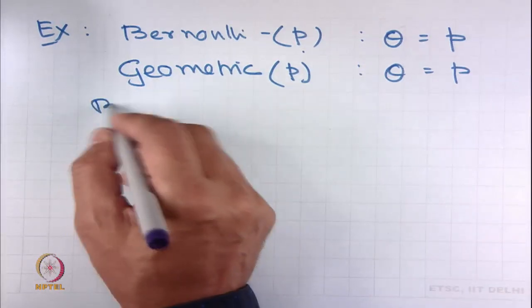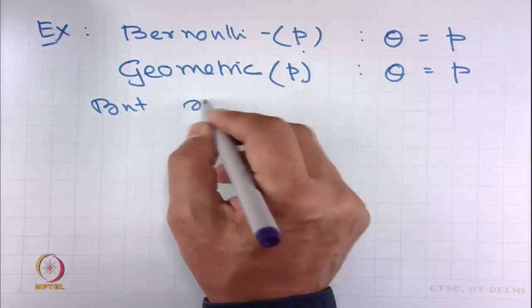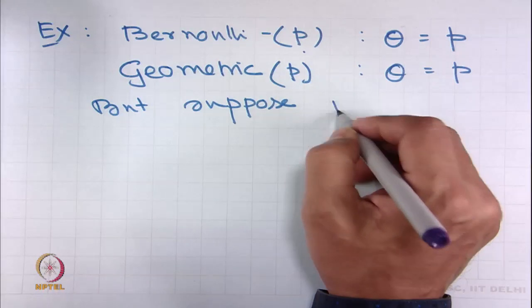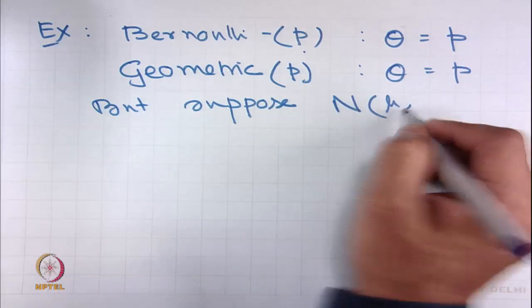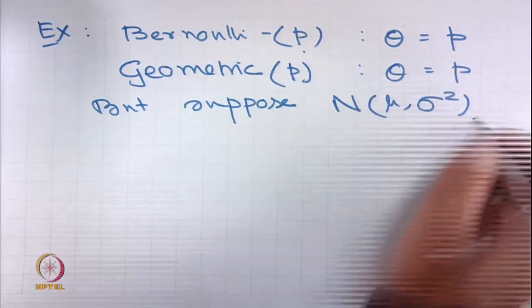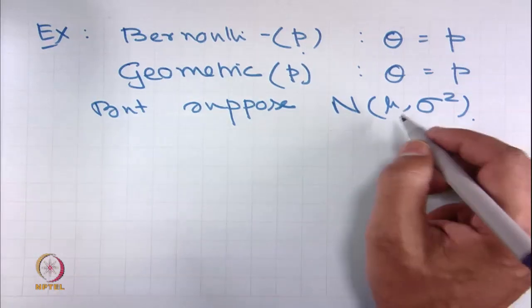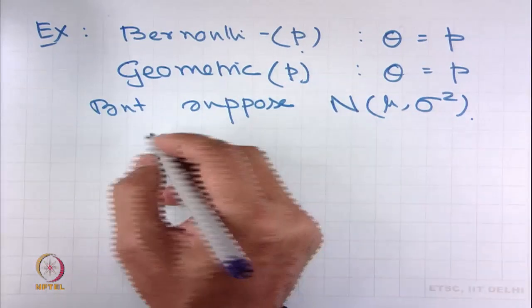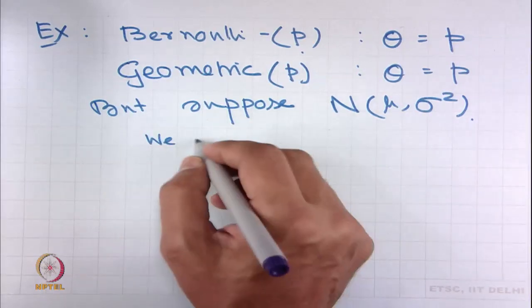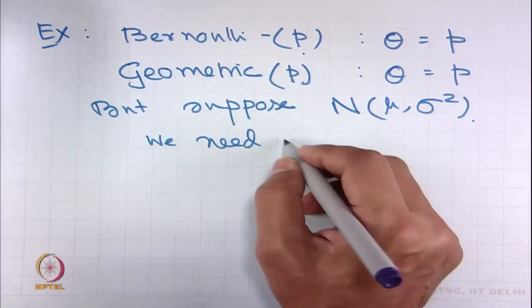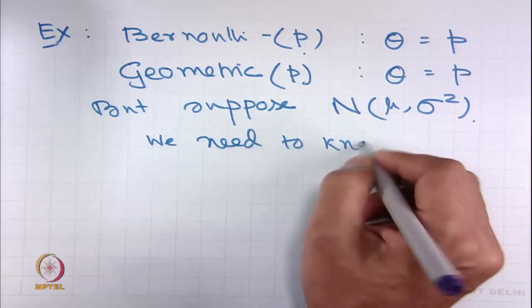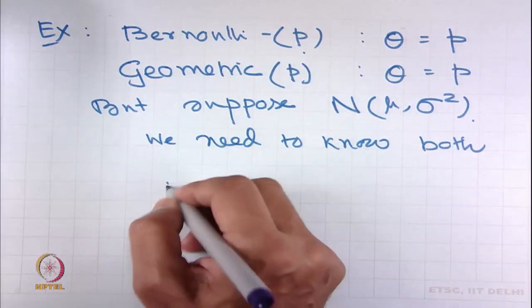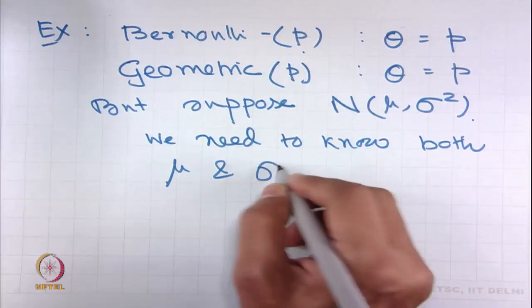But suppose we consider normal mu sigma square. Here, in order to know the distribution completely, we need to know the value of both mu and sigma square.